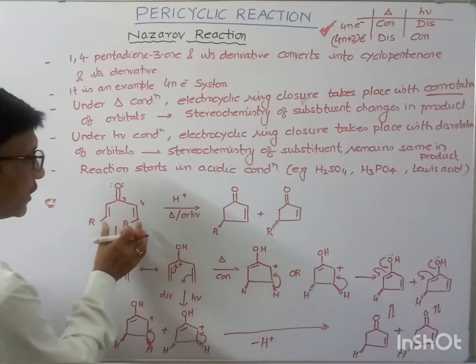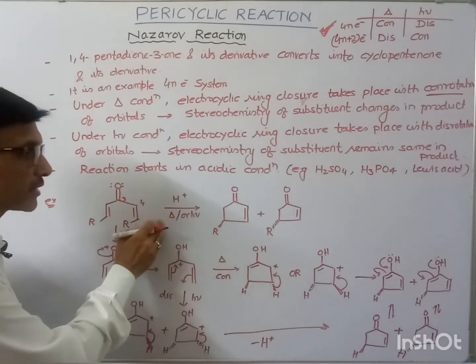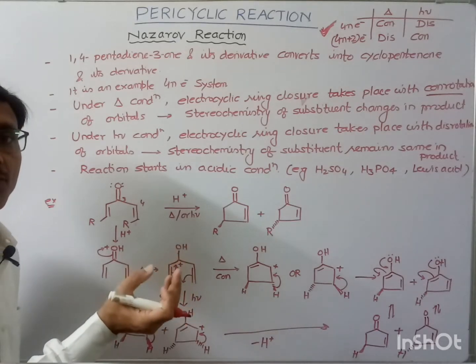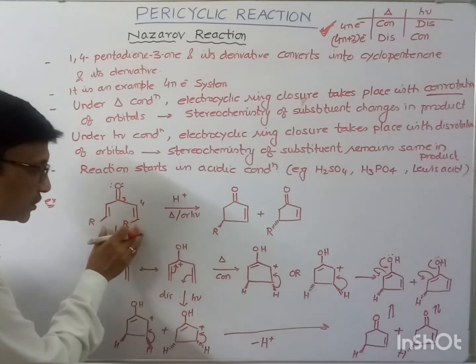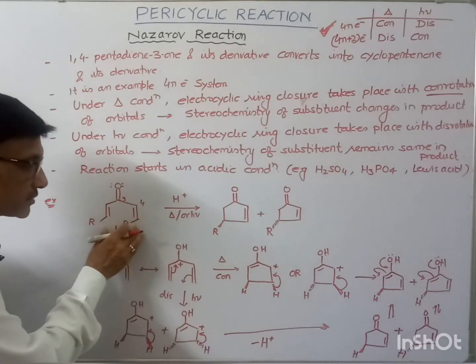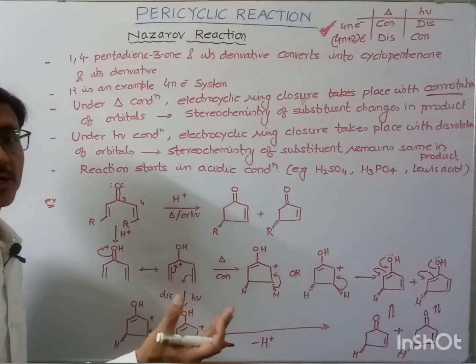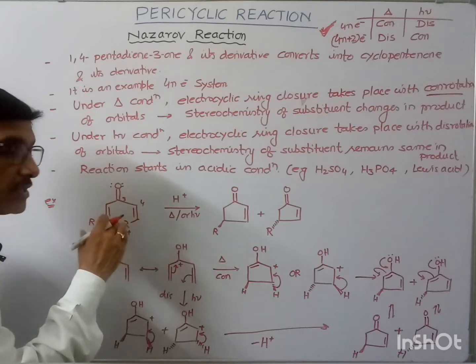So here under thermal condition, the stereochemistry will change and the product will be cis. Because this is trans, under photochemical condition the product would be trans, and under thermal condition the product would be cis.